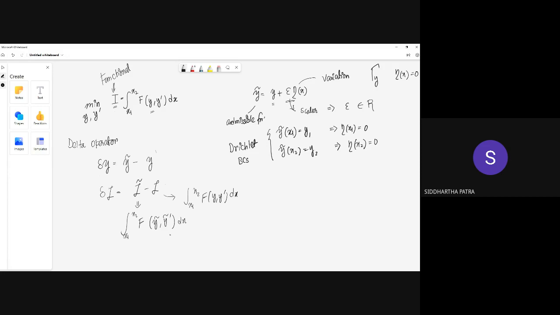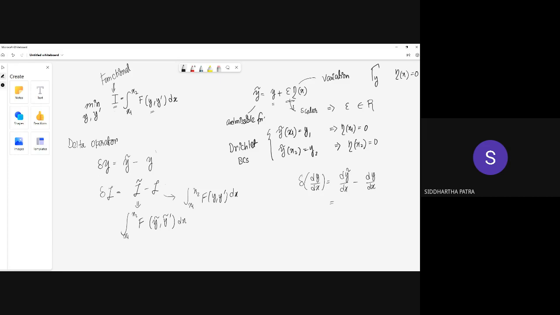Now it can be shown that the delta operator acting on the derivative of y is essentially dy tilde dx minus dy dx, because anytime you are doing the delta operation, that's what this means.